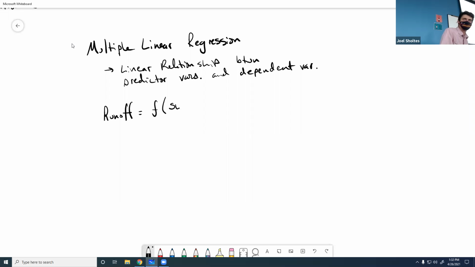So we'll throw SWE in there. We'll look at the average temp, I don't know, from the previous summer, right? How hot was the last summer? That dries the soil out. If the soil is really dry, then it's going to be more thirsty, right?